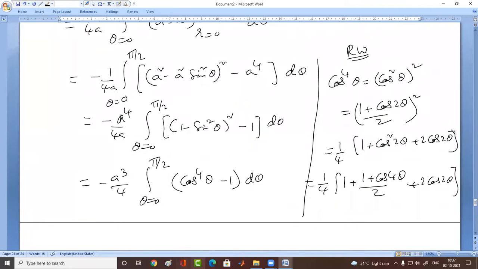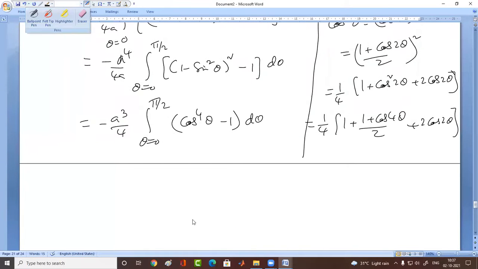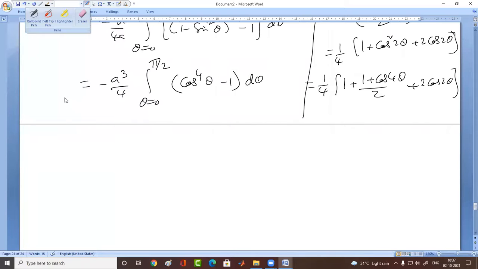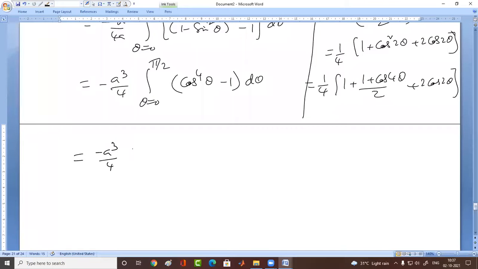Okay. Now replacing cos power 4 theta by it, minus a cube by 4, theta is 0 to pi by 2.